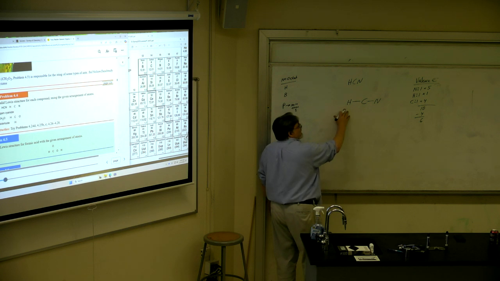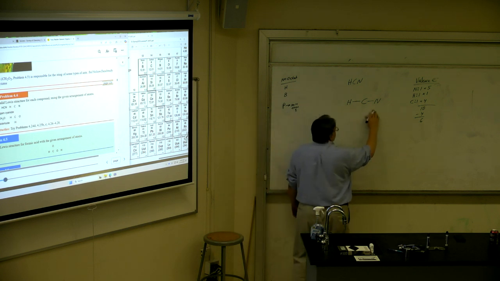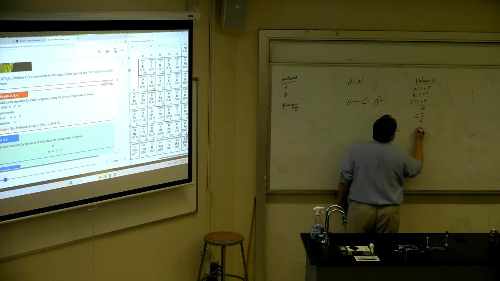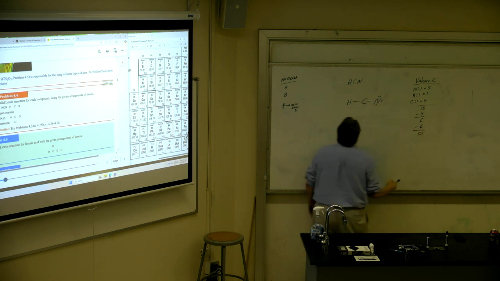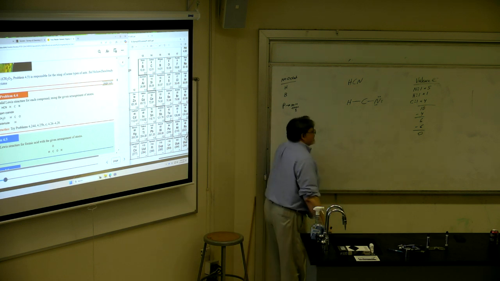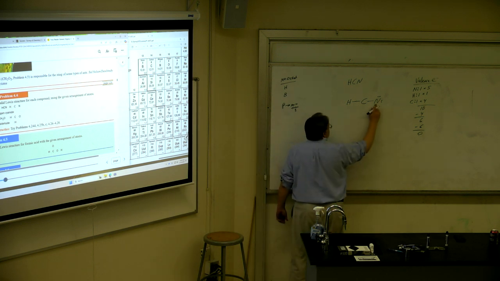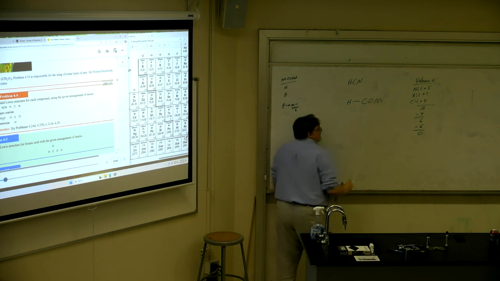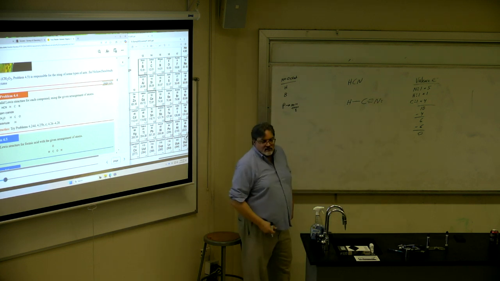I don't need an octet on hydrogen. I've got to get an octet on these 2. It doesn't matter which one I start putting these on. 2, 4, 6. I'm down to 0. I still need an octet on carbon. I'm going to borrow that pair and that pair, and that's it. Everything has its octet.